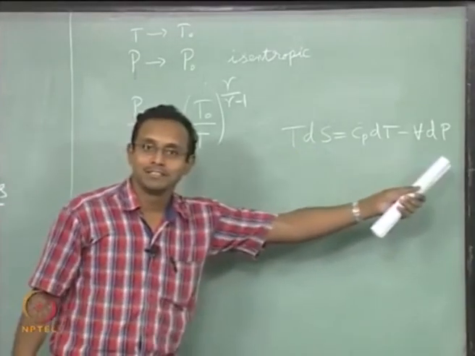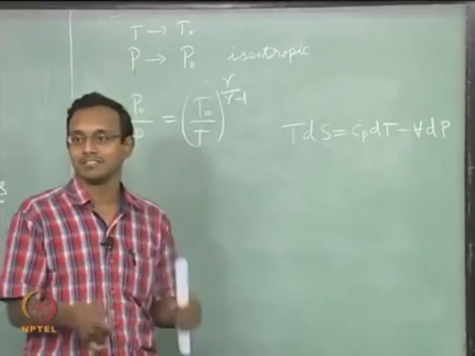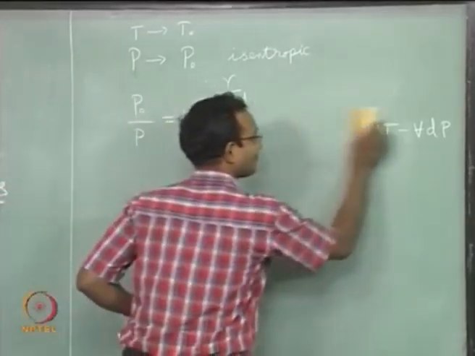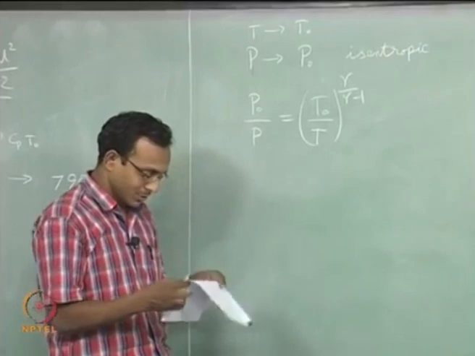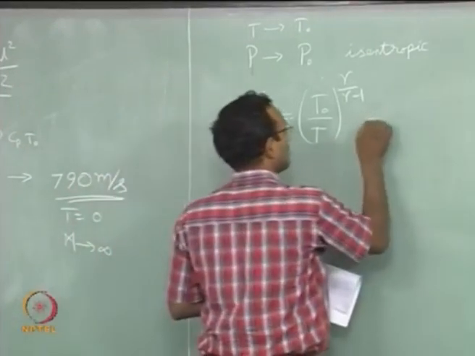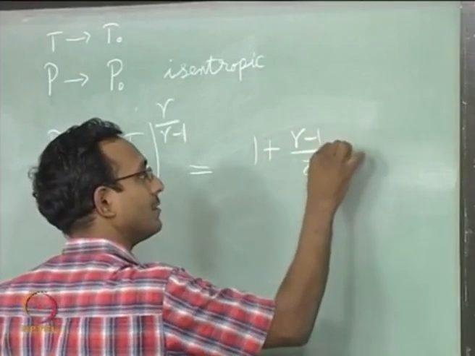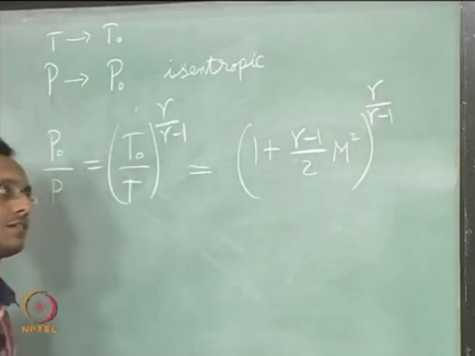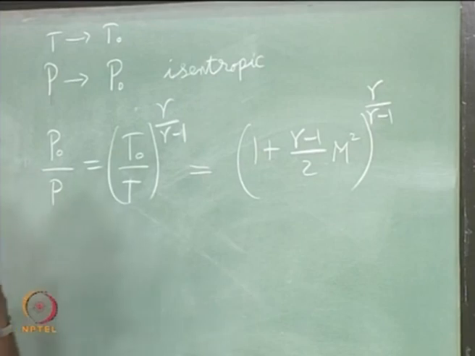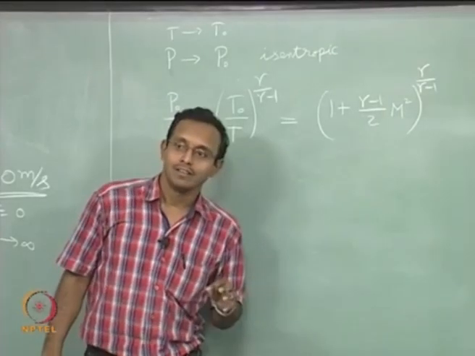So remember the thermodynamics, heavily dependent on thermodynamics, gas dynamics is completely standing on thermodynamics, okay. Remember that. That is why I spent 3 classes reviewing thermodynamics for you people, okay. So now once I know this, I can write one more expression from the previous relation. T naught by T need not be isentropic, all it needs is adiabatic, okay.